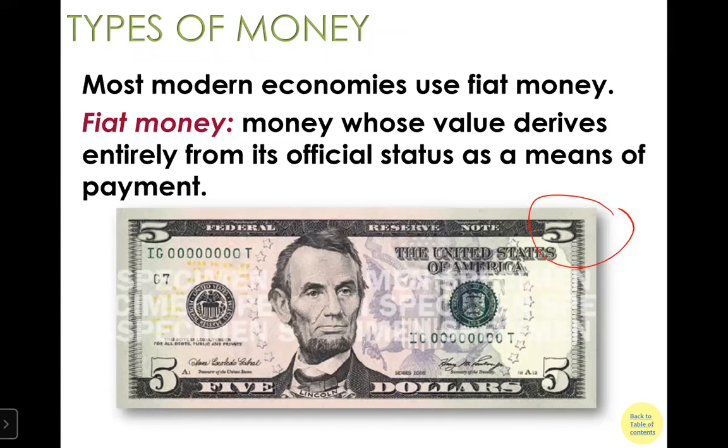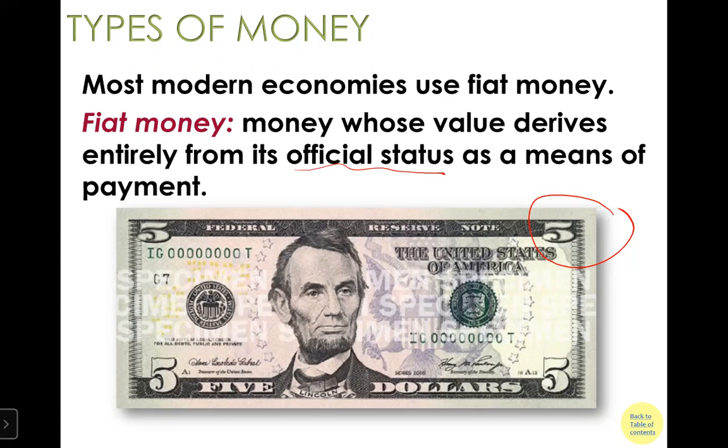But different from commodity-backed money, this money derives its value not from some commodity behind it, not from some promise that you can exchange for a certain valuable commodity. You derive its value entirely from its official status, the law or the constitution.